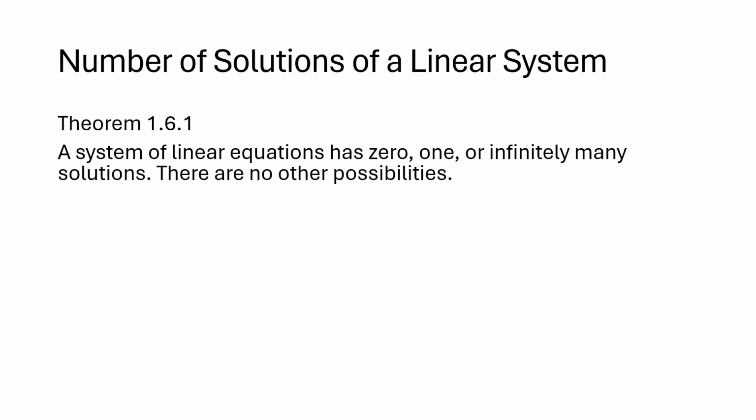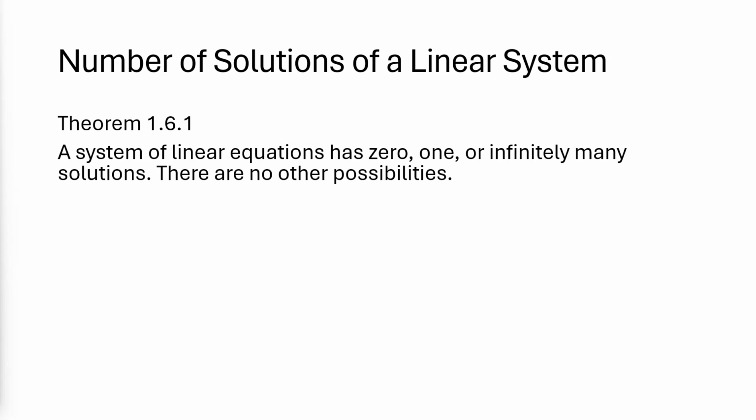We are now in a position to prove these fundamental results. So let's have Theorem 1.6.1. A system of linear equations has 0, 1, or infinitely many solutions. There are no other possibilities.